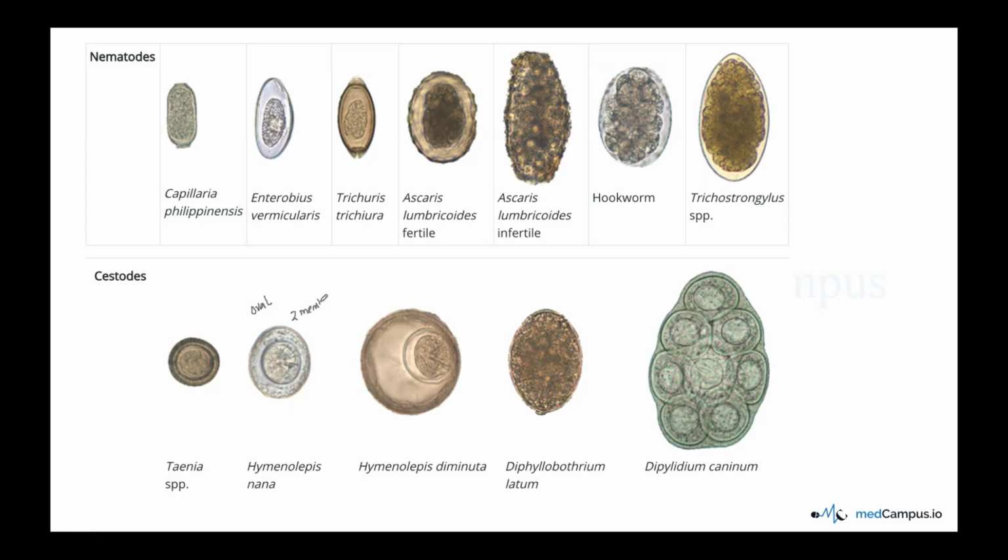We have thick shells, we have thin shells, we have a striated shell, and now we have a 2-membrane shell. That is how you differentiate Hymenolepis nana.